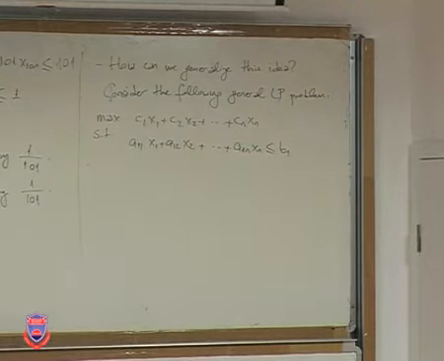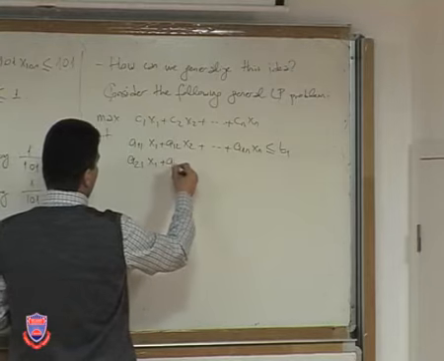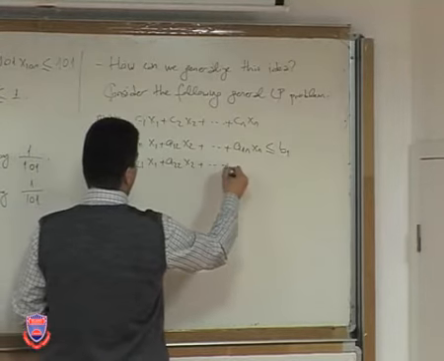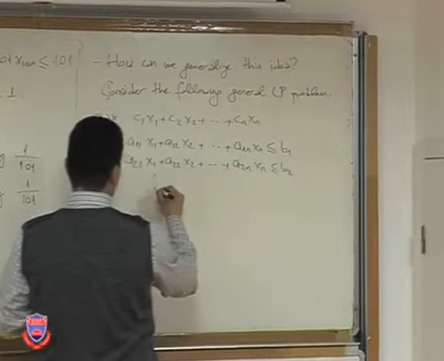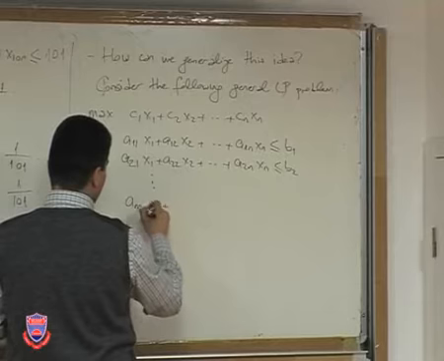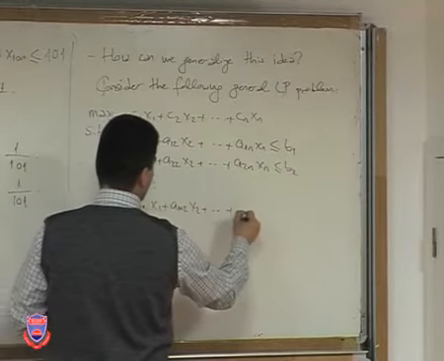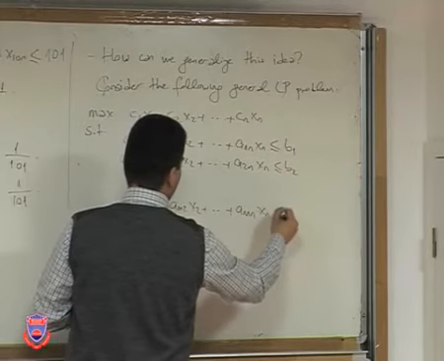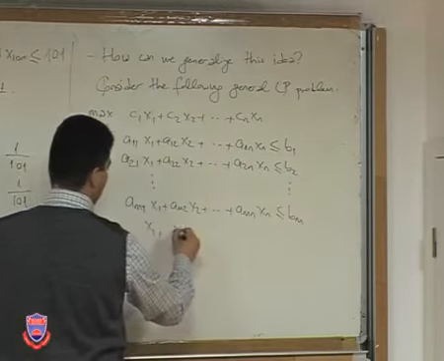This is my first constraint. Then I have my second constraint, A21x1 plus A22x2 all the way up to A2nxn less than or equal to B2. Finally, Am1x1 plus Am2x2 all the way up to Amnxn is less than or equal to Bm, and each of my variables is non-negative.